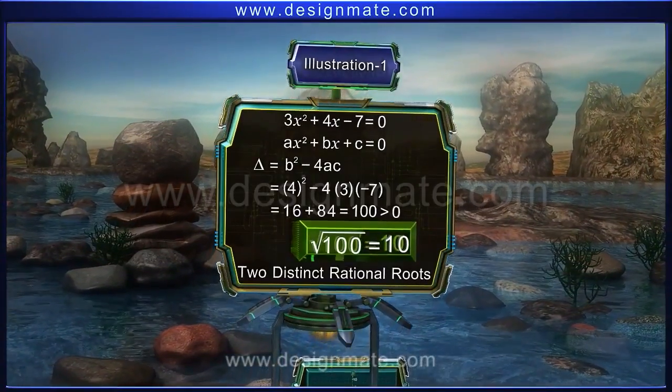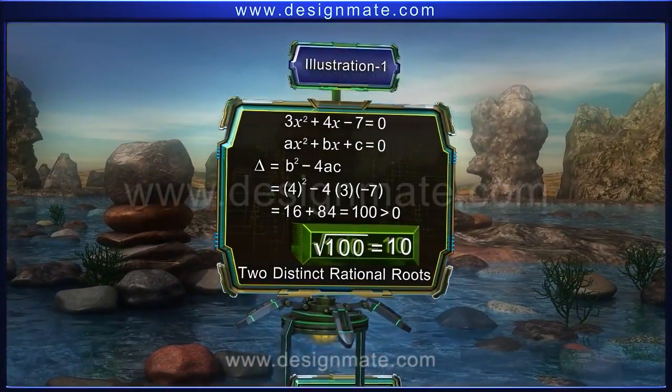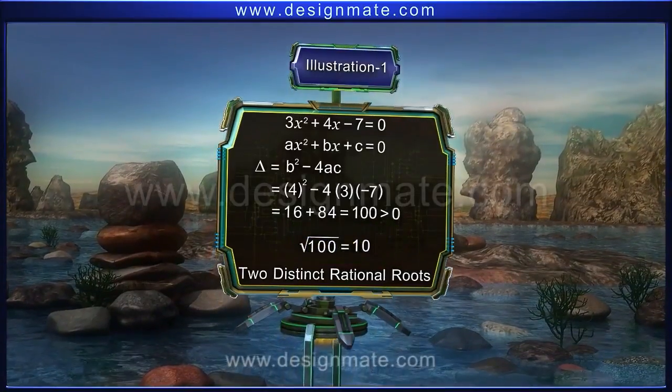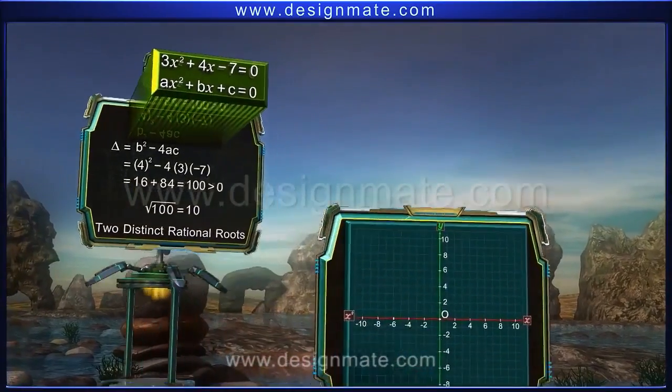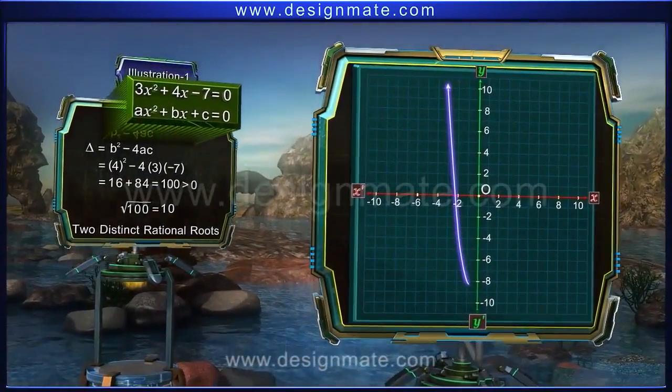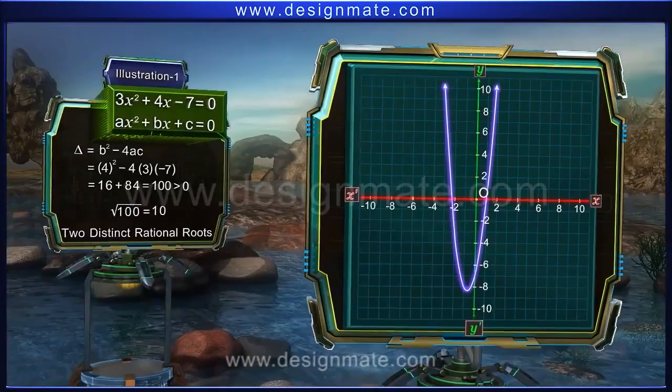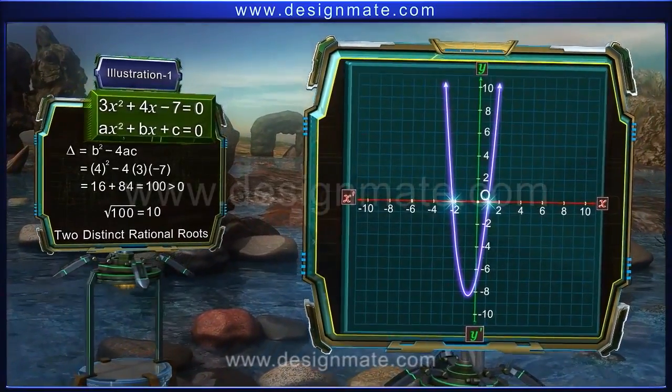Square root of 100 is 10. Thus, the equation has two distinct rational roots. Since a is equal to 3 is greater than 0, the graph of this quadratic function will be an upward opening parabola intersecting the x-axis at two distinct points.